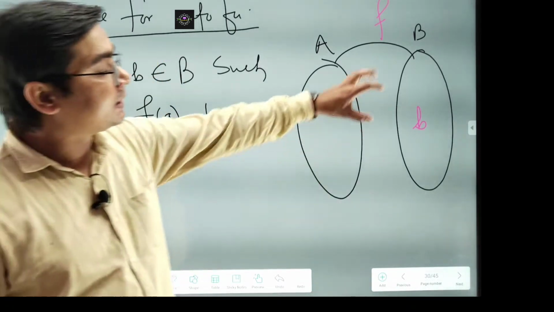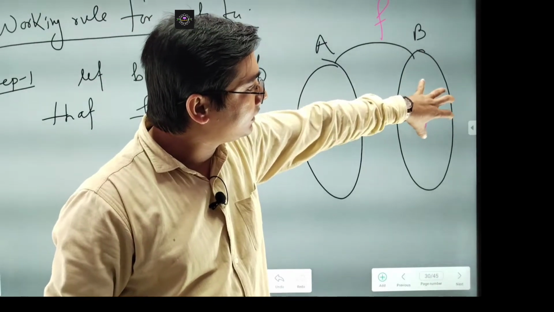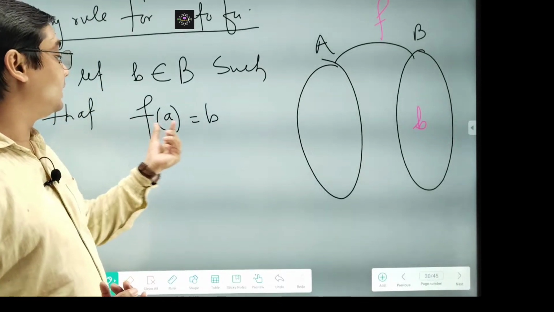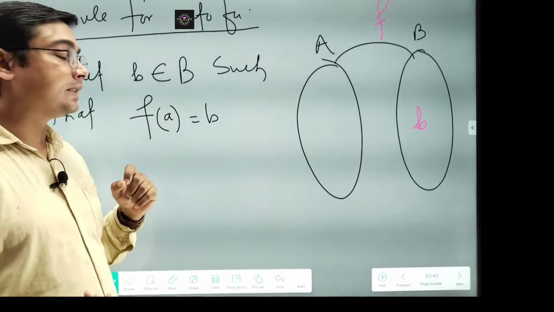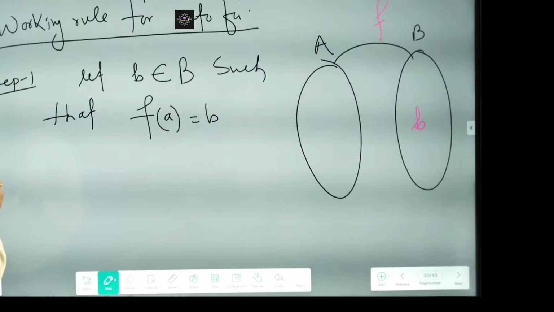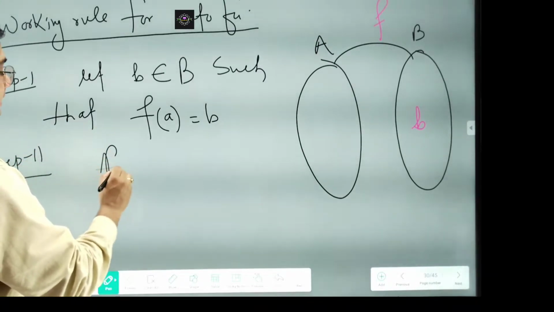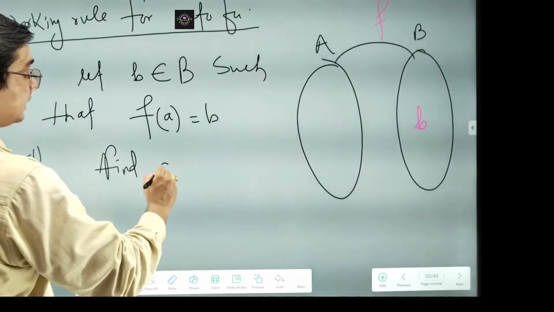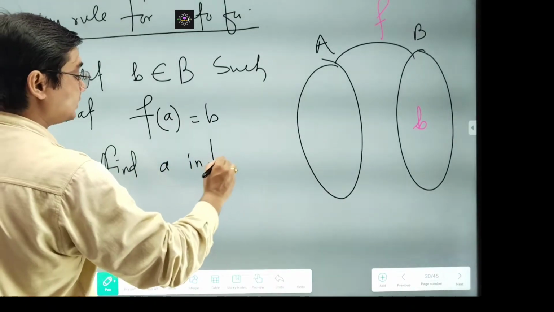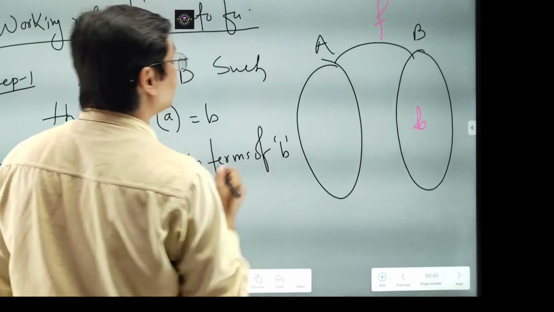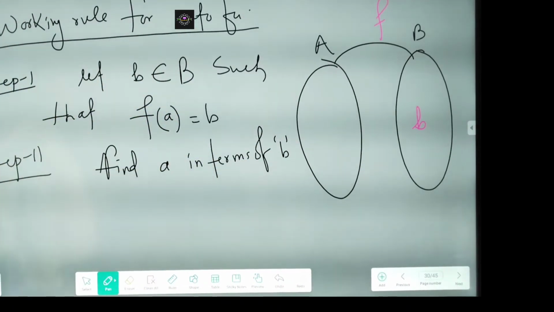Then what we do here, just we consider any element b in this set and you assume the f of a equal to small b. Now in the second step, find a in terms of b. a को तुम लोग निकालो in terms of b में.